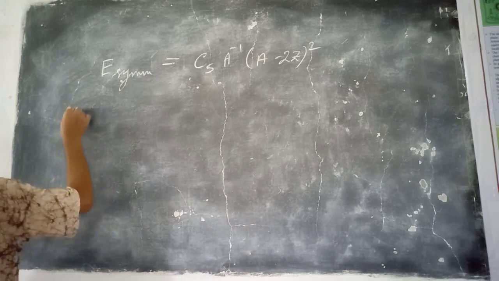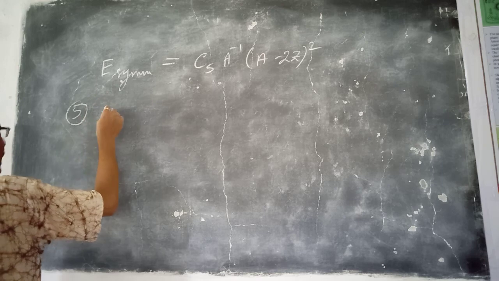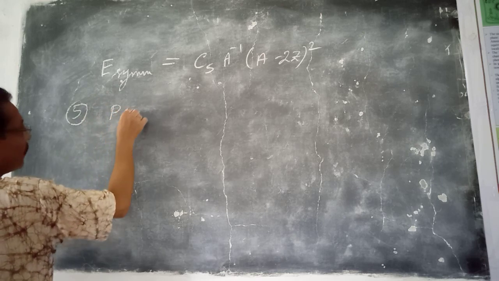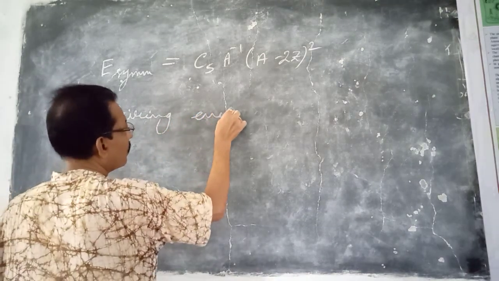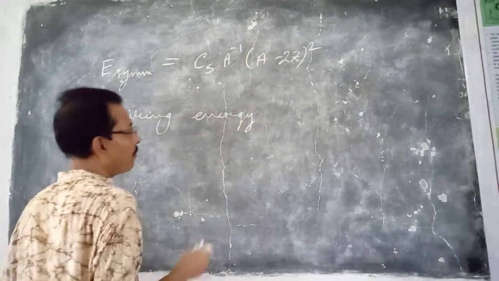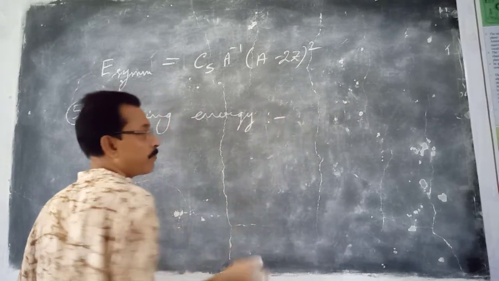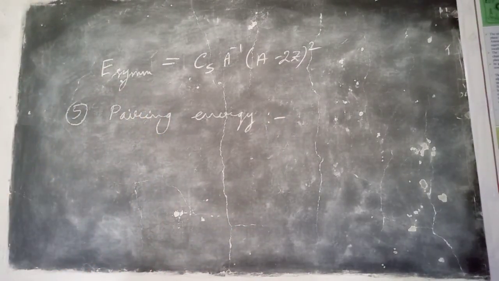With the pairing energy, even number of protons and even number of neutrons means they form pairs.